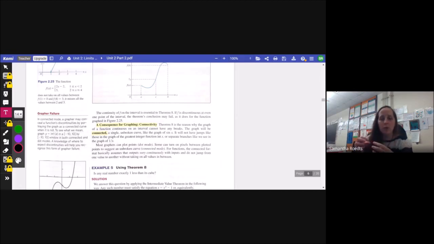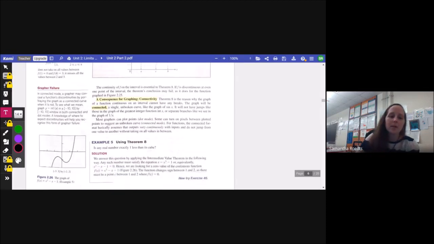Most people that graph can plot points. Some can turn on pixels between plotted points to suggest an unbroken curve. And for functions, the connected format basically assumes that outputs vary continuously with inputs and do not jump from one value to another without taking on all values in between.